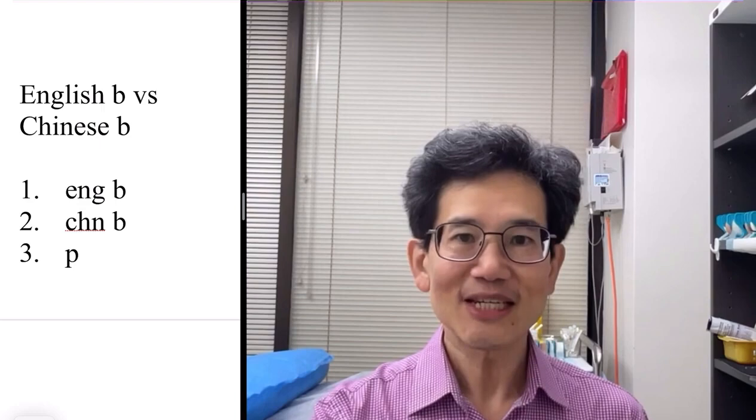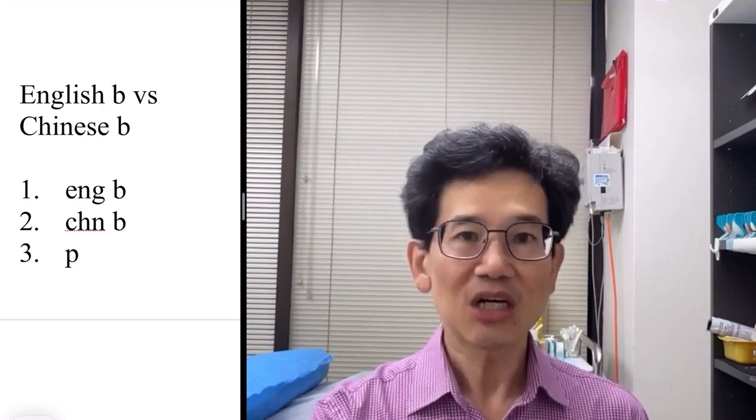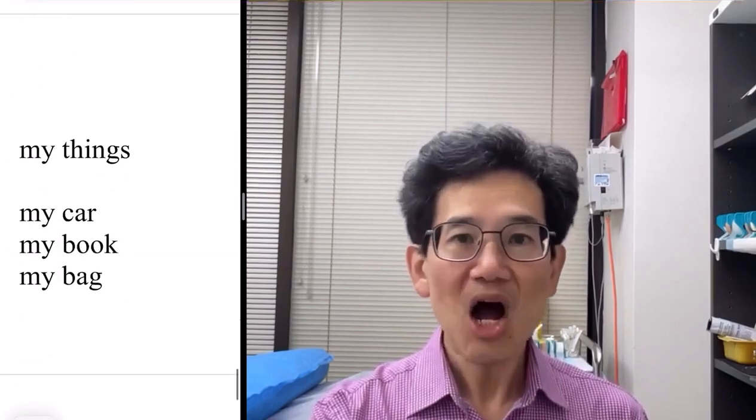Okay, so the three nouns that we learned today are 我的车, 我的书, 我的包. That's it. So keep practicing. 我的, 你 is you, 你的. 我的东西, 我的车, 我的书.